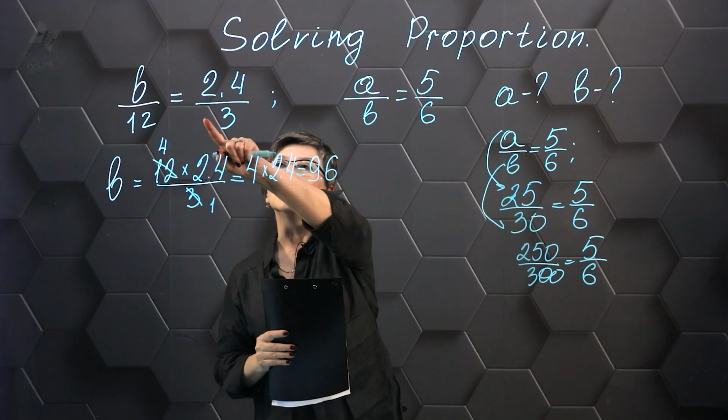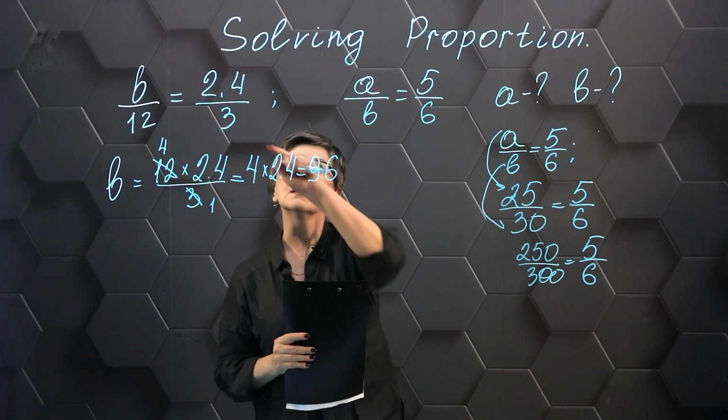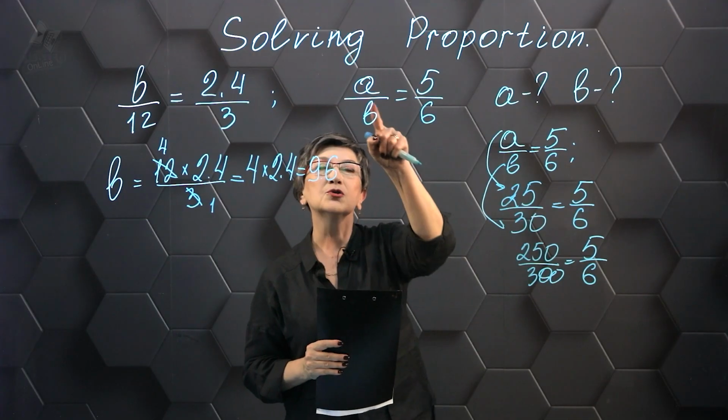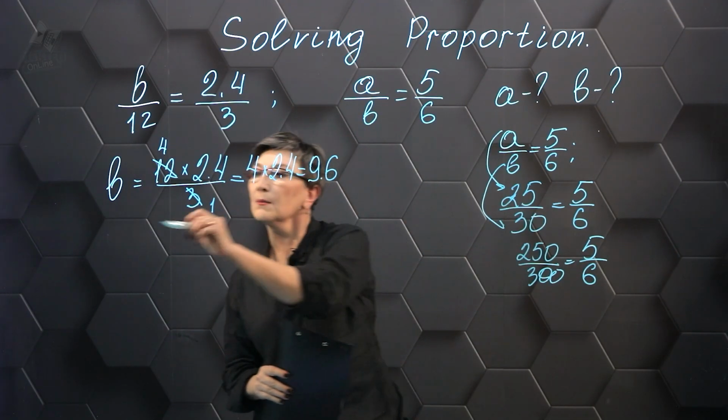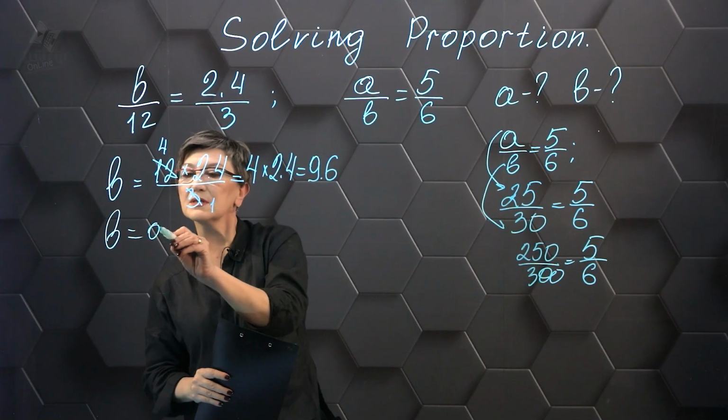So, if we have two proportions in the problem, then b has only one single value. b equals 9 whole 6/10.